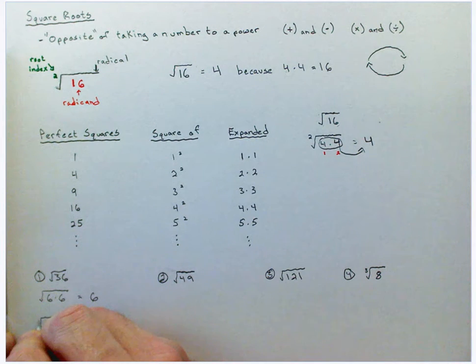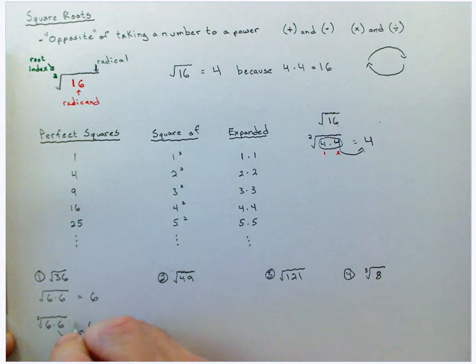This is a square, so my root index is 2, and I have to have 2 of a number in there, so I do. I have 2 6s, so that allows me to pull one out. The second way is how I prefer to see it, especially when we get to taking square roots of numbers that are not perfect squares.